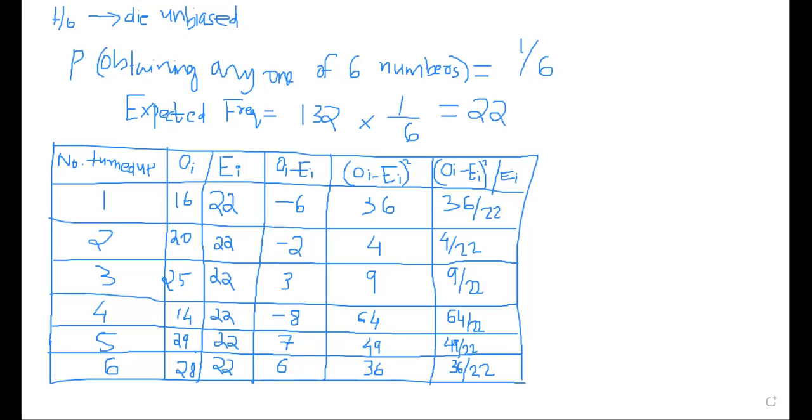Our equation of chi-square is like this: chi-square is equal to sigma OI minus EI the whole square divided by EI.